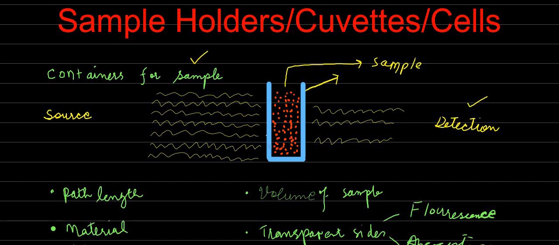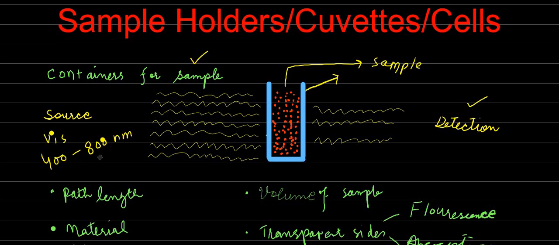These sample holders must have a typical property: they must not absorb any radiations coming from the source which is being studied. For example, if we are studying visible spectroscopy, with a wavelength range from 400 to 800 nanometer, our sample cell must be made of materials which are transparent in this zone of radiation.